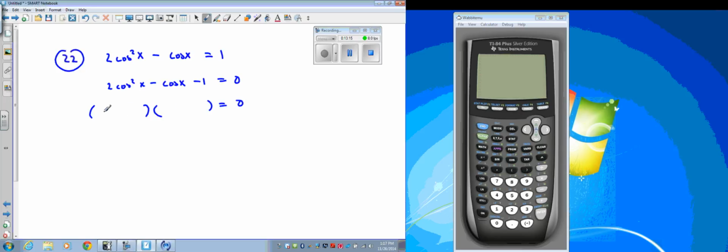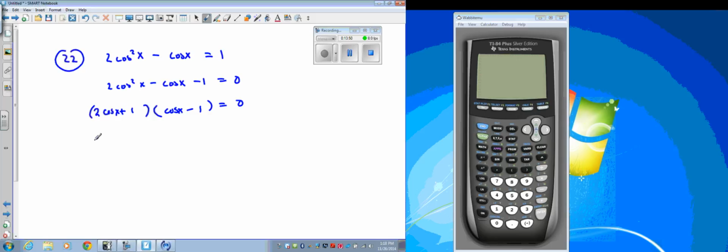So what you're going to do is you're going to go cosine x, cosine x. You're going to have a plus and a minus. That's how you get this sign. And these have got to both be 1s, right? But now 2 times 1, and the other one's 1 times 1, and the difference is 1. But this 2 has got to be with this negative sign, right? So it's got to be back over here.